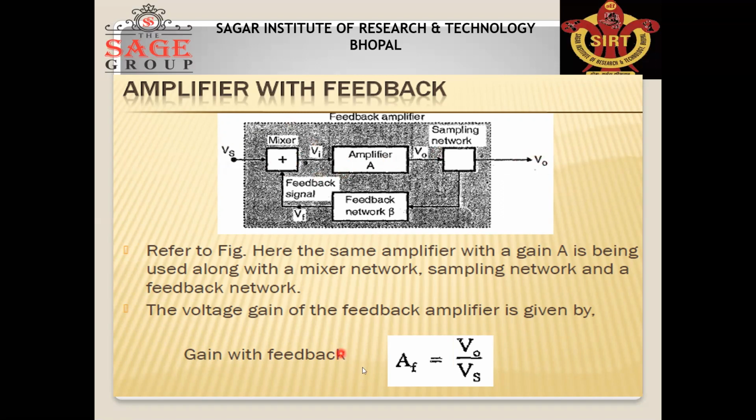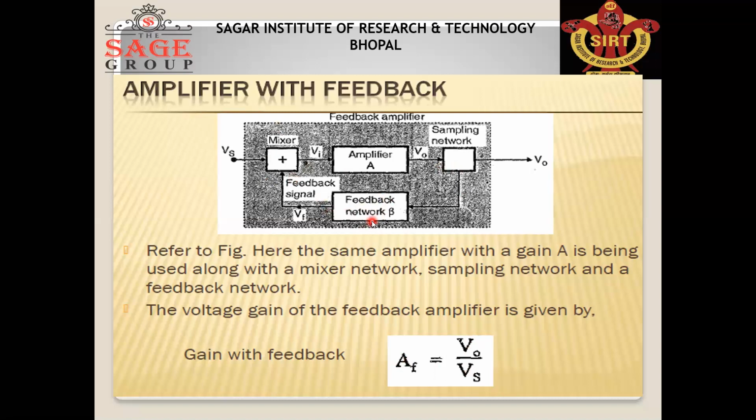The gain of the amplifier with feedback is AF, which is again output upon input. The output is V naught and the input is Vs, so AF is V naught upon Vs. This AF is also known as closed loop gain, because there is a closed loop between the input and output as the feedback network is connected.